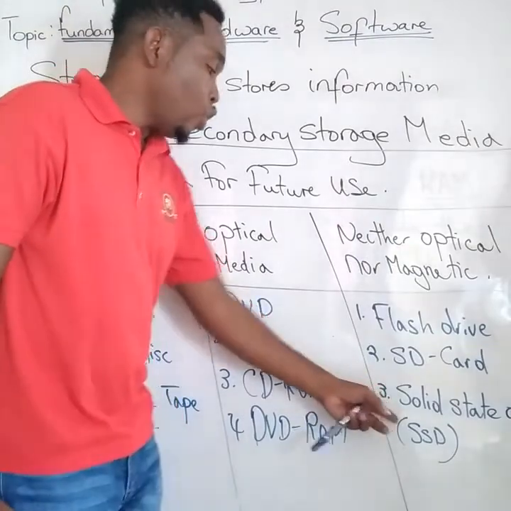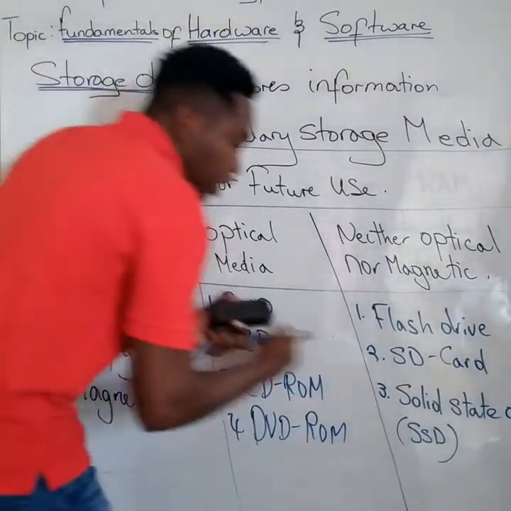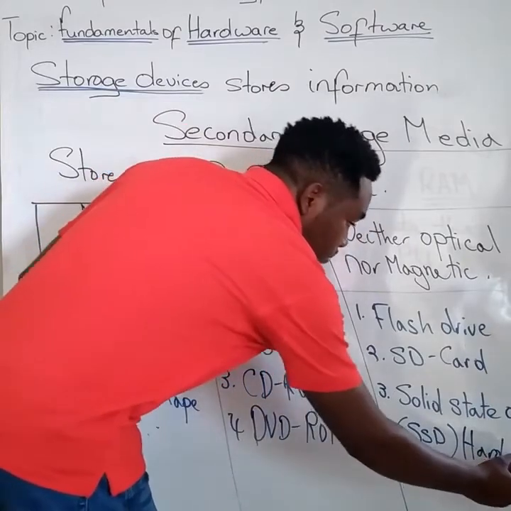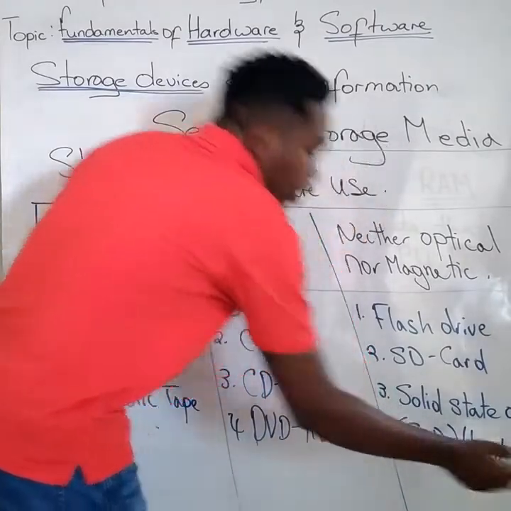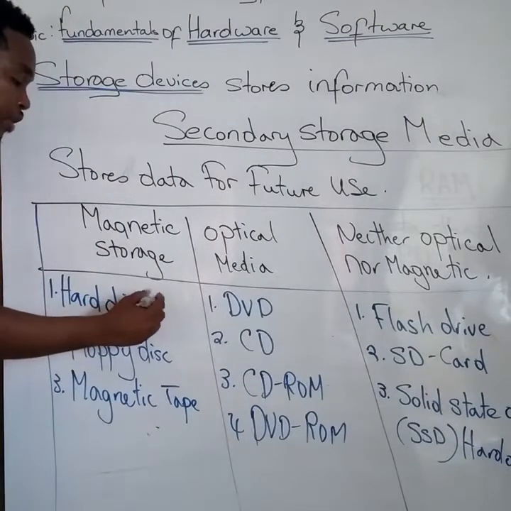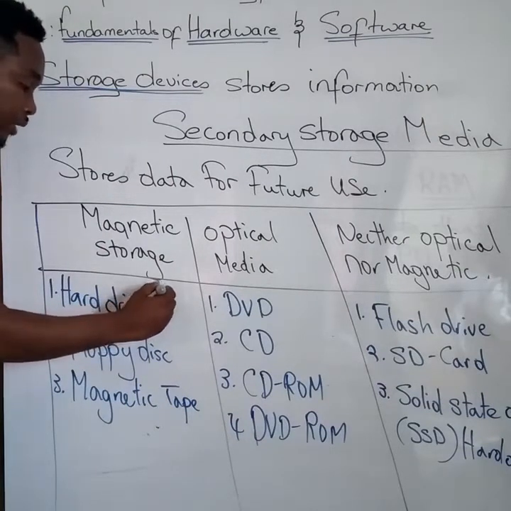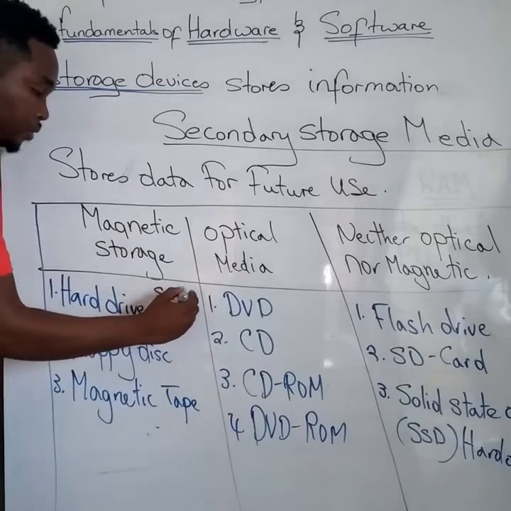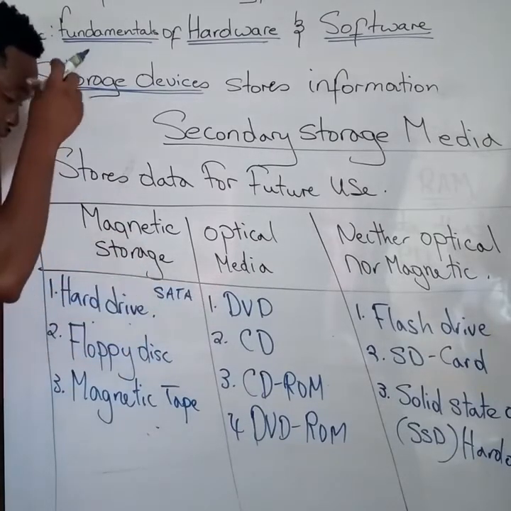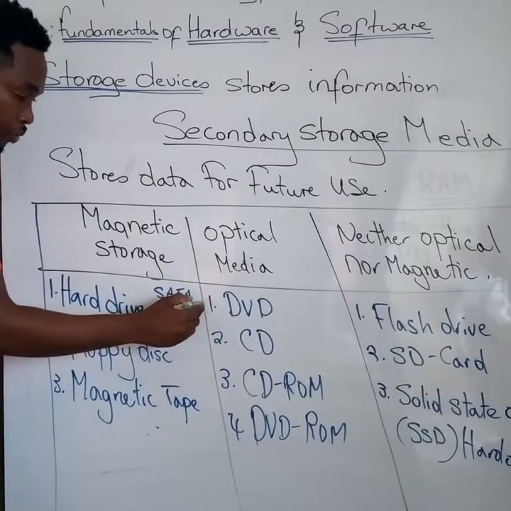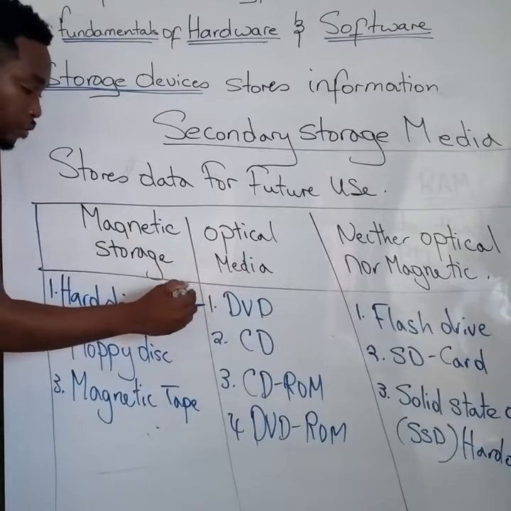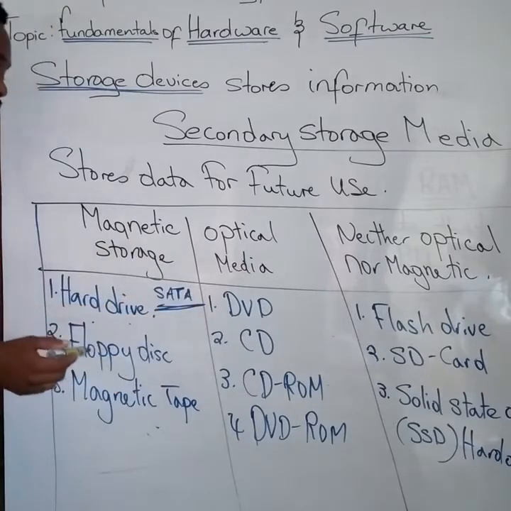So even though we have a new hard drive over here, access time is going to be faster than our regular hard drive. And this regular hard drive can either be a SATA type, an old type, which is now an old type of hard drive, but still in use.